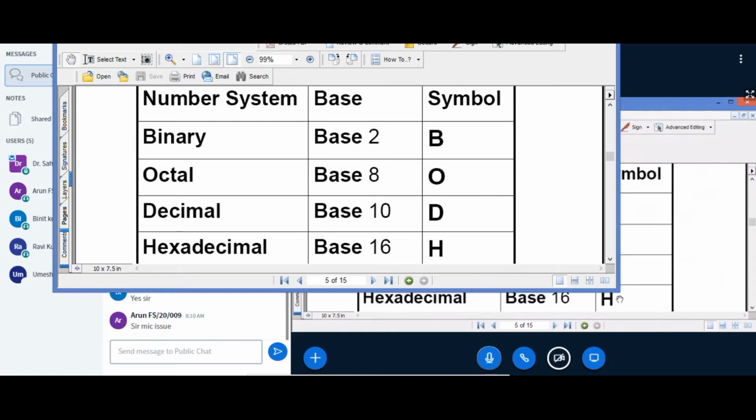If you consider the decimal number, it starts from 1, 2, 3, 4, 5, 6, 7, 8, 9, then the 0.